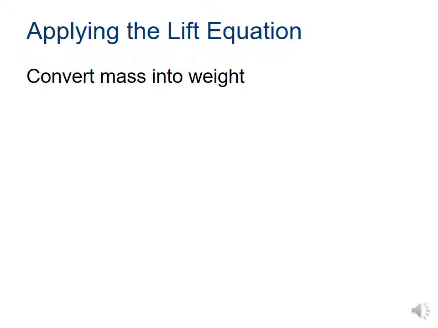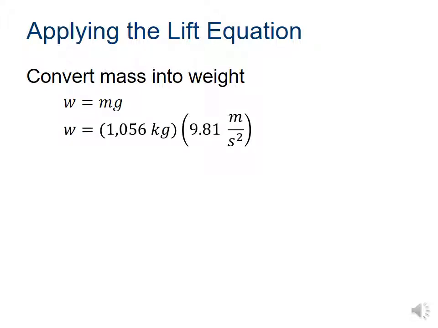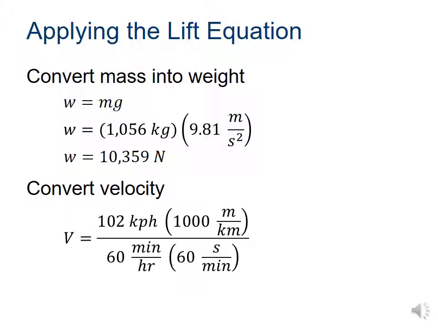Weight is the force due to gravity pulling the plane towards Earth. So we must multiply the mass times the acceleration. Keep in mind, if we're given weight in pounds, this value already accounts for gravity, so you don't need to multiply. Then convert velocity from kilometers per hour to meters per second.